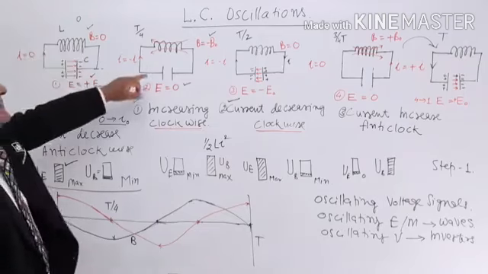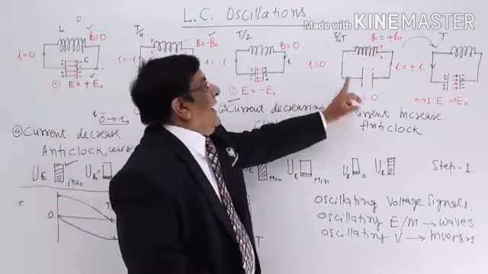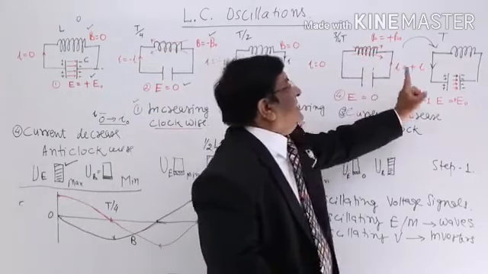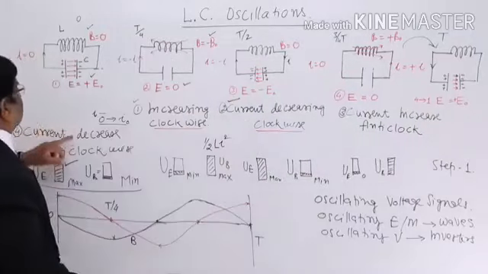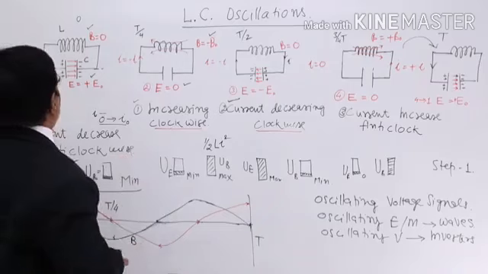Again clockwise increase, maximum, decrease, 0, anti-clockwise increase, becomes maximum, decrease, becomes 0. So there is an oscillation of current.